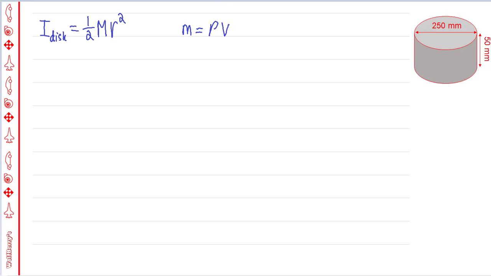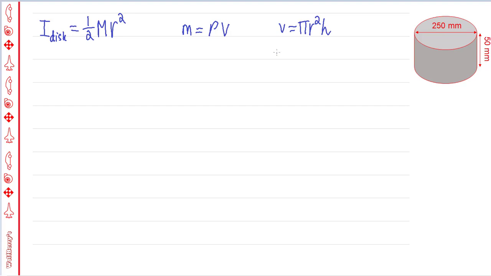In order to find the volume, we must find the area of the disk and multiply it by the height. V equals pi r squared h. So V is equal to pi r squared, which is the area of the circle, multiplied by the height. So these three equations will give us the inertia of the disk, starting with the volume.